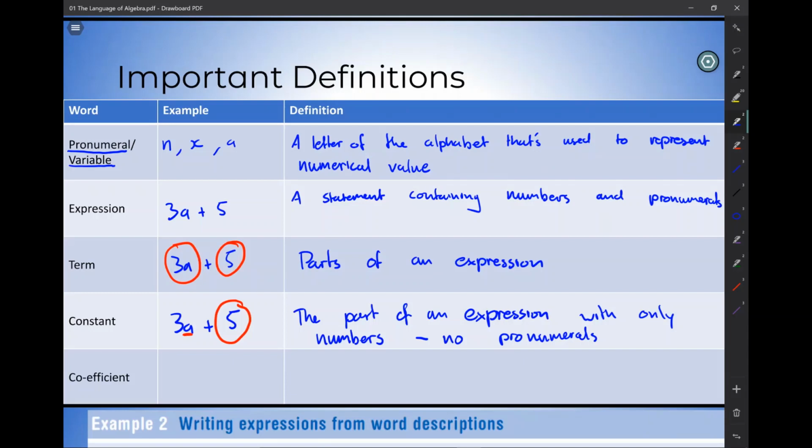And coefficient, the last word we need to know, refers to this number out here. The coefficient is the number that comes before the pronumeral.